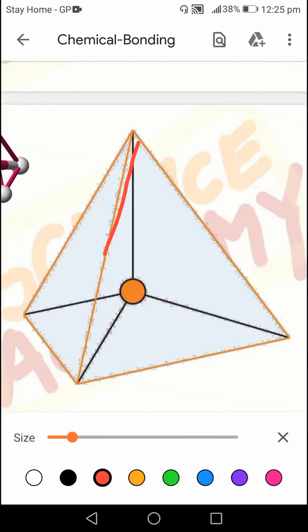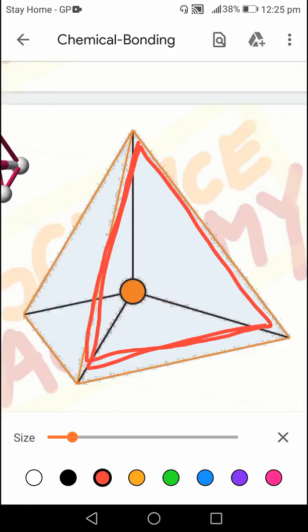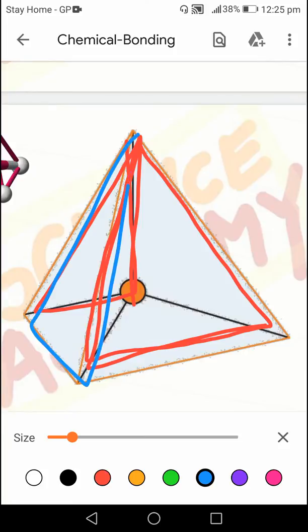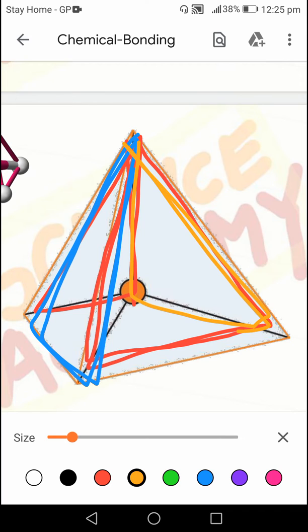Let me draw it again. This is face number 1, this is face number 2, this is face number 3, and that is face number 4. So we have got 4 faces.